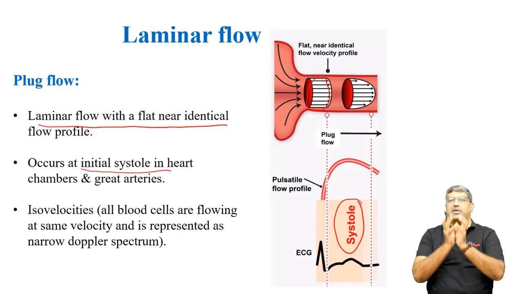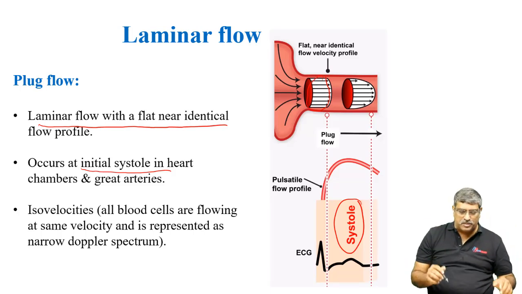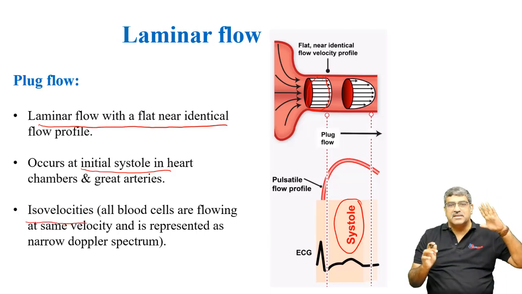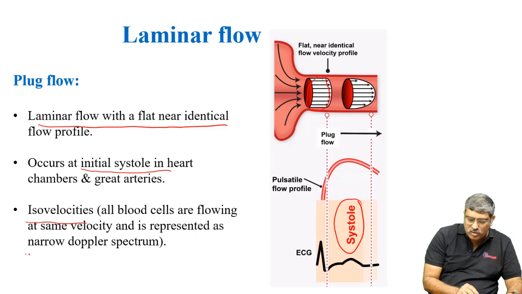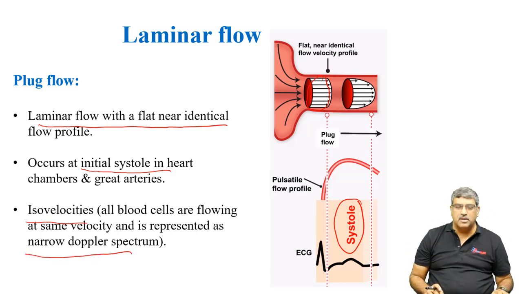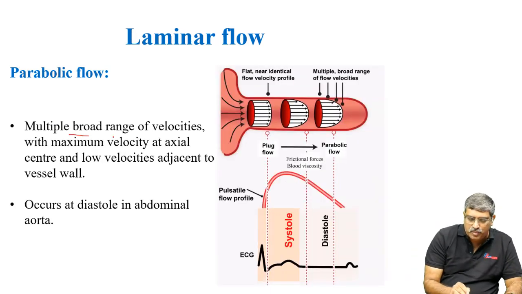From the LV to the aorta at the initial systole, everything will be at a uniform speed. It is called isovelocity. All the blood cells have the same velocity, and most important thing is it is represented by a narrow Doppler spectrum.